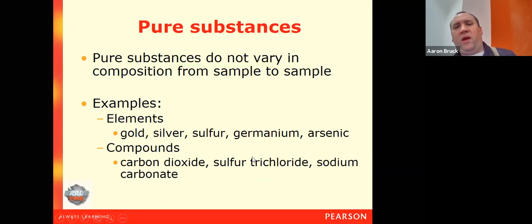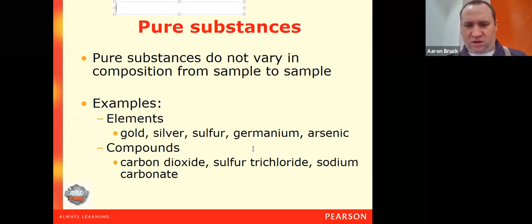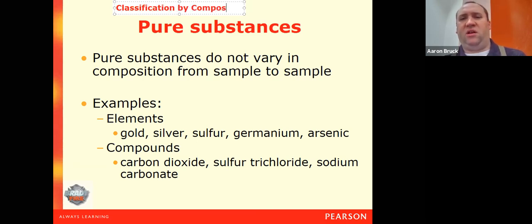Now, there's another way that we can classify. So that was called classification by phase or by state of matter. There's another way to classify. This gets into something called classification by composition.